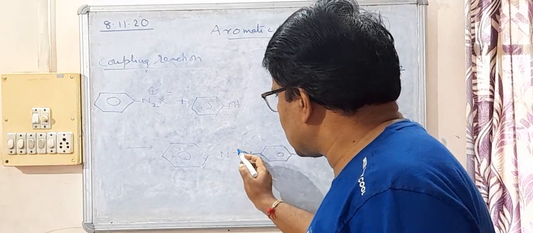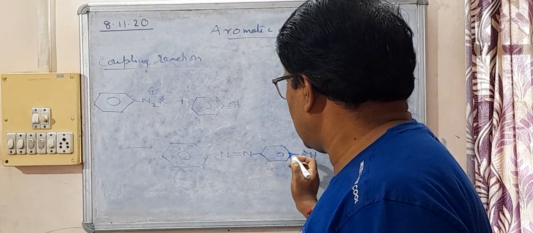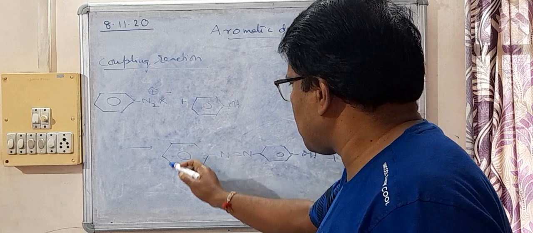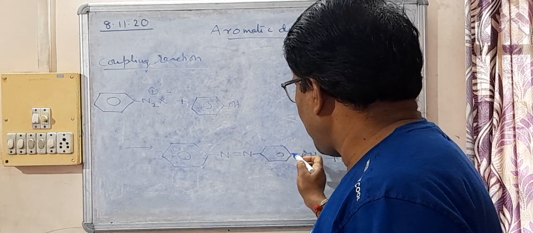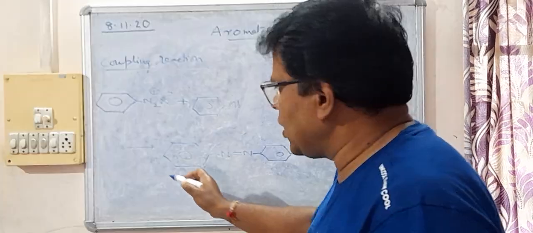This compound, in common name, is called para-hydroxy-azobenzene.